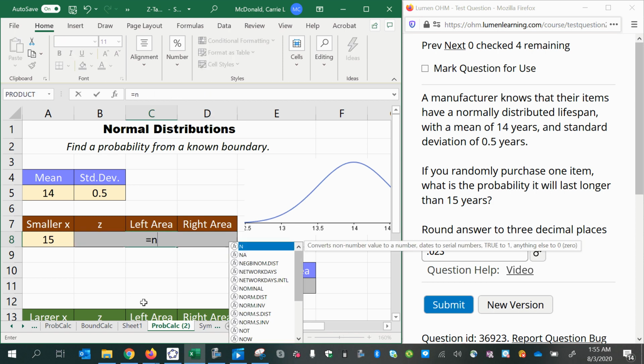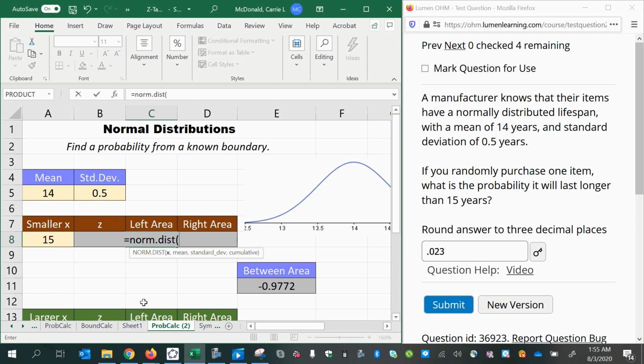We would do equals norm.dist, put in your x value of 15, your mean of 14, standard deviation 0.5, and always true for cumulative, or you can type in a 1, which means yes to the computer. If I press enter, you can see I get my left area, and then the right area is 1 minus the left area.